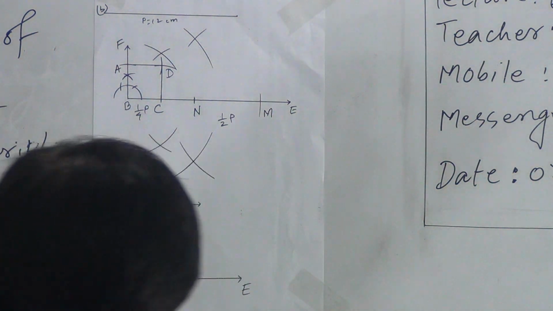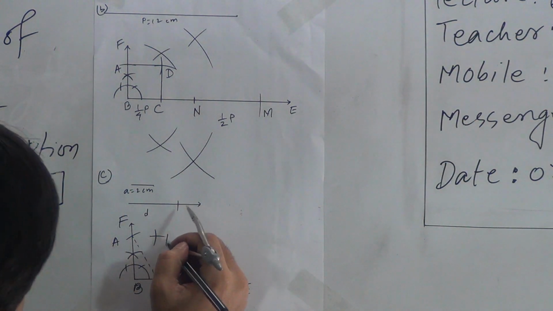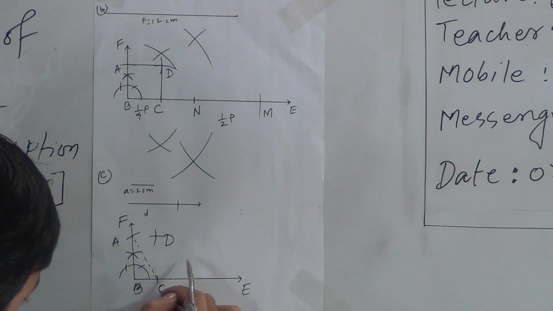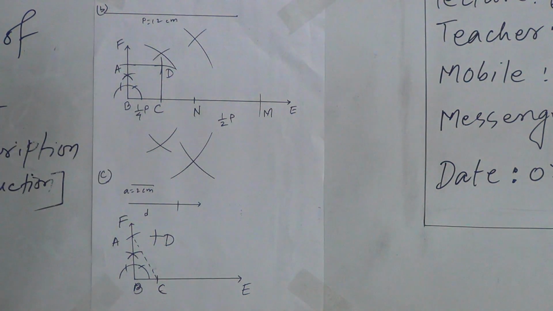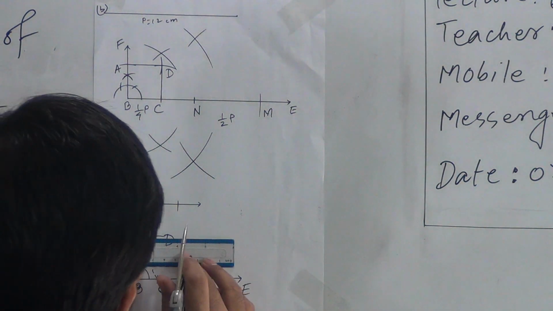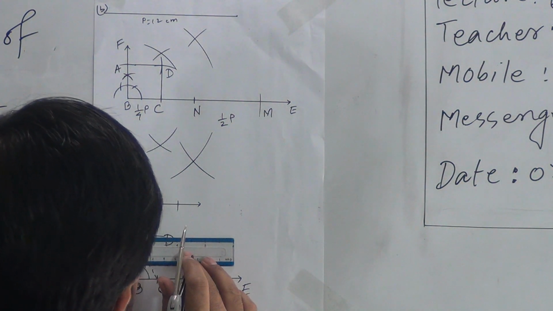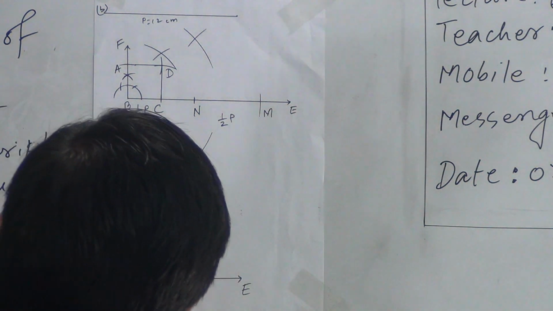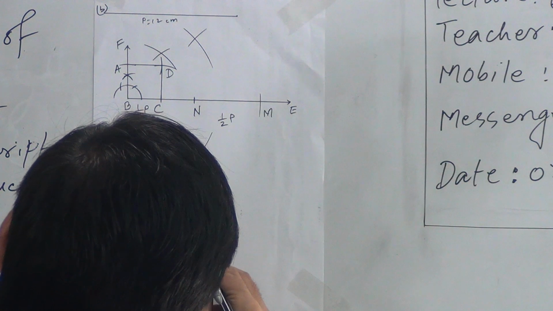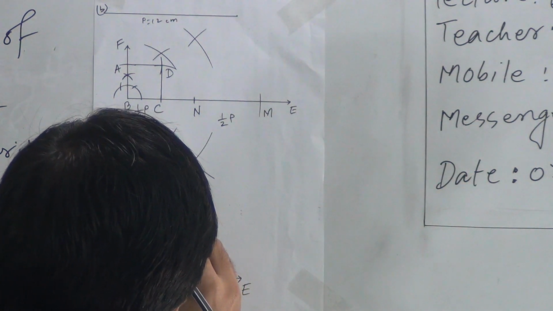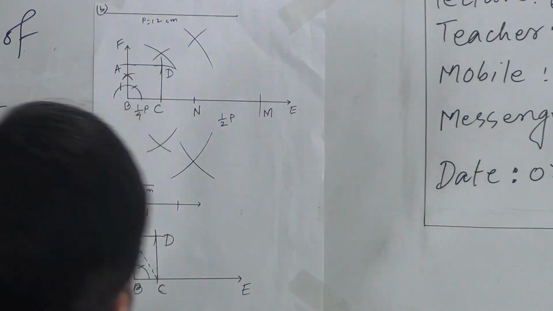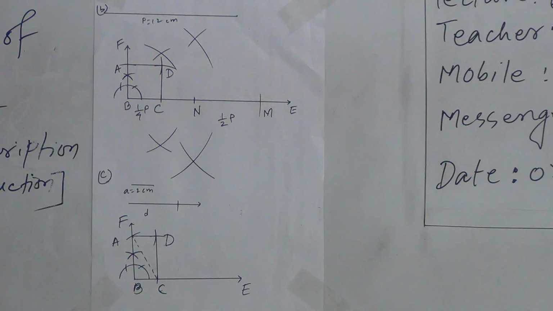These two arcs intersect each other at D. Now join AD and CD. So ABCD is the required rectangle.